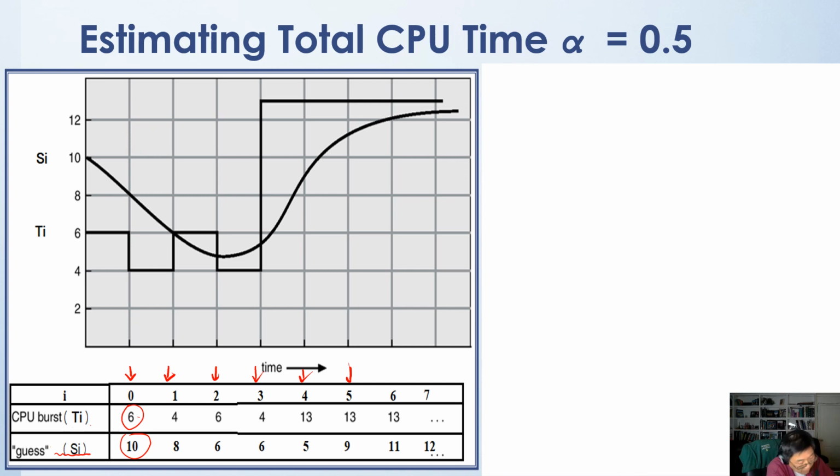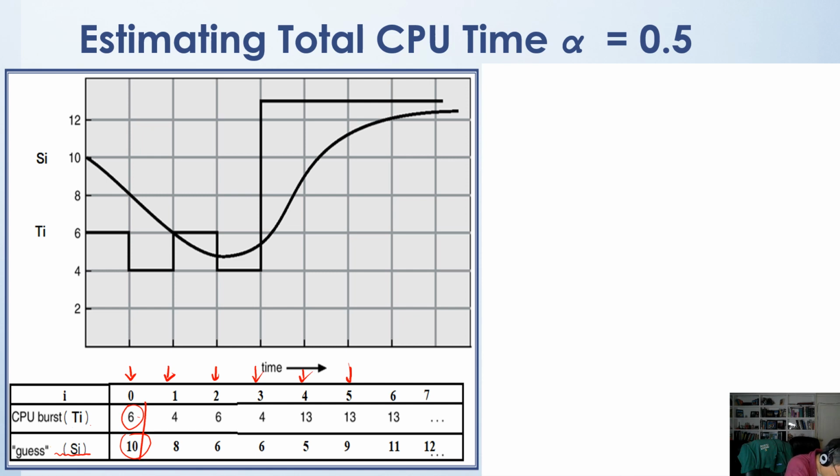So we predicted 10, and after execution of the process, we observed that the total CPU time was 6. So the prediction was wrong. It's not really accurate.